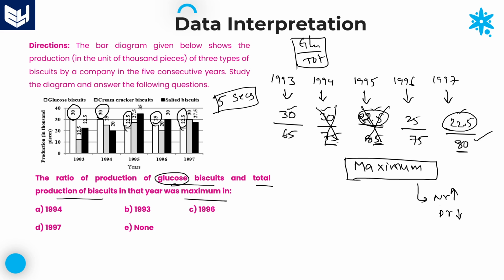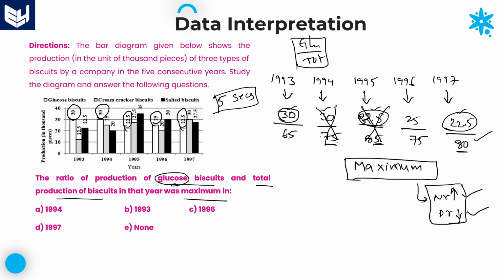Next, coming to the remaining 3 values. Just now I told you that the value will be maximum when the numerator is maximum and the denominator is minimum. If you observe carefully, the numerator is maximum for the year 1993, right?